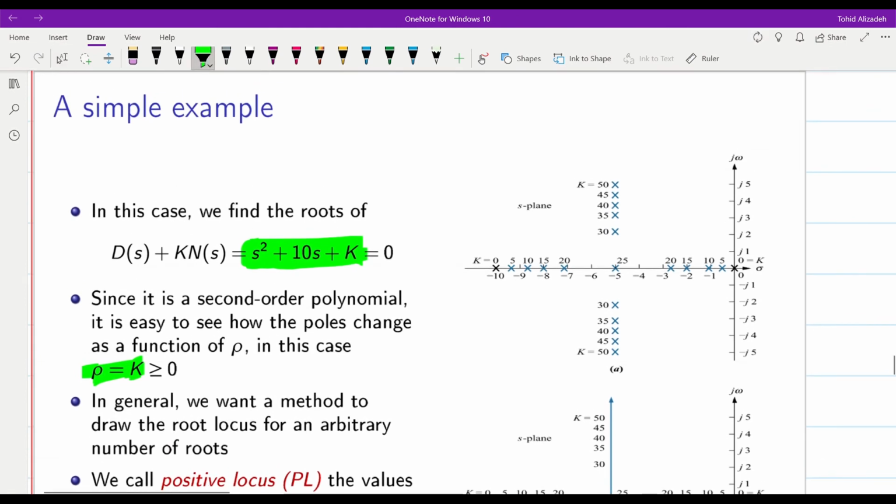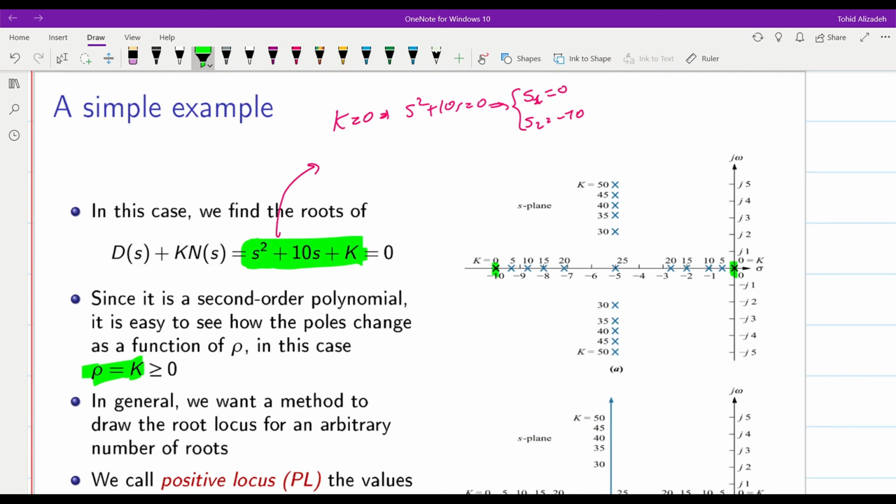Let me maybe show you a few values. If we set k equal to 0, we will get s squared plus 10s equal to 0. This will give us two poles, s1 at 0 and s2 at minus 10. So initially we start from here and here, and you can see that k is equal to 0 over there.